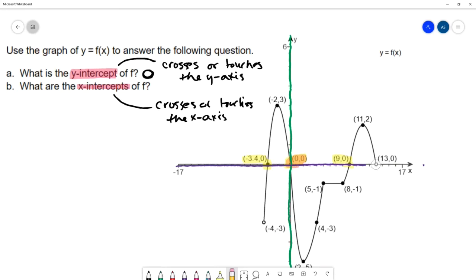When you have an open circle, that means that point is not part of the graph. So we only have 3 x-intercepts. So those 3 x-intercepts would be negative 3.4, 0, and 9. So we found the x and y-intercepts using the graph.